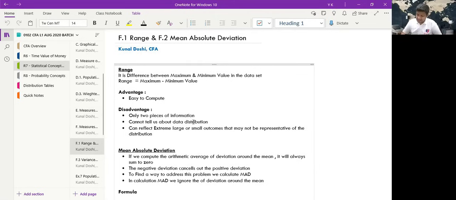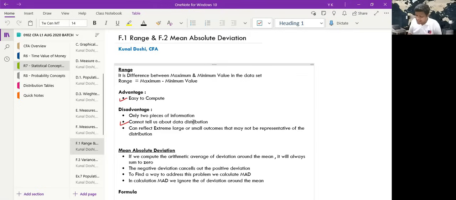The thing about the range is that it is the easiest to calculate, but the problem with the range is that it just focuses on two numbers, that is the largest and smallest. So it is only two pieces of information. It cannot tell us the distribution of the data. It does not tell us how the data is, what is right in the middle. We don't understand anything. So the range only focuses on two pieces of information, the largest and smallest, and that's also the disadvantage.